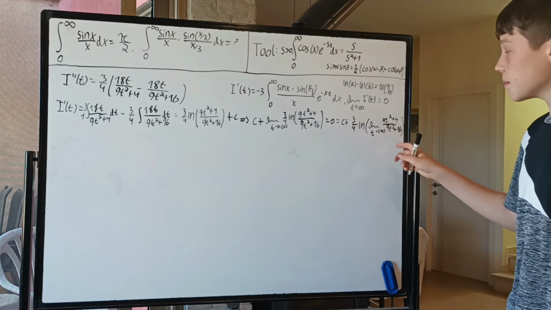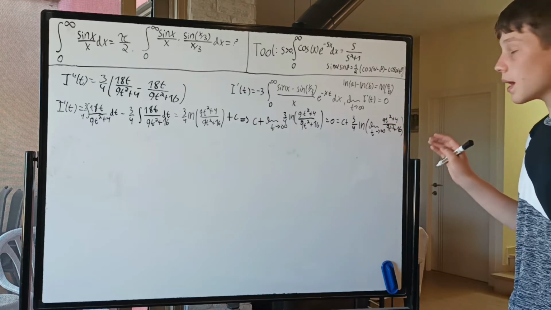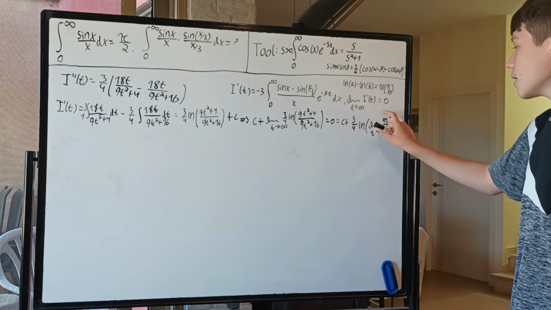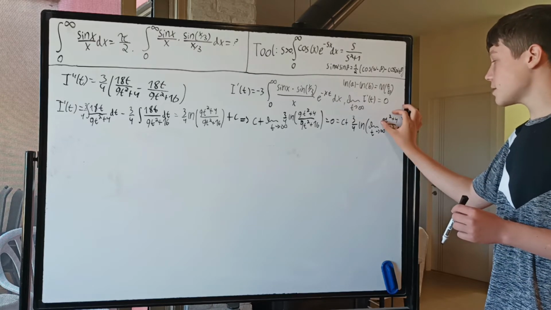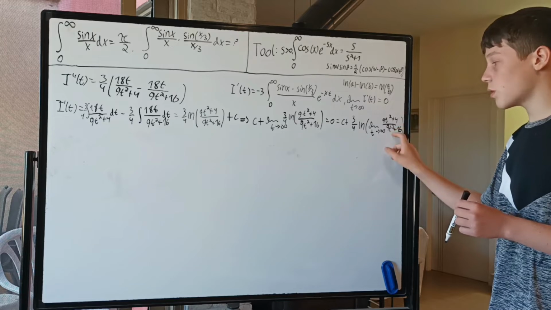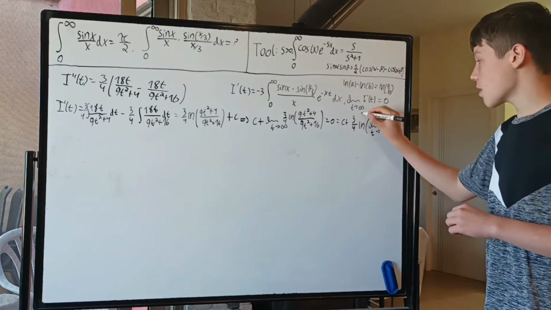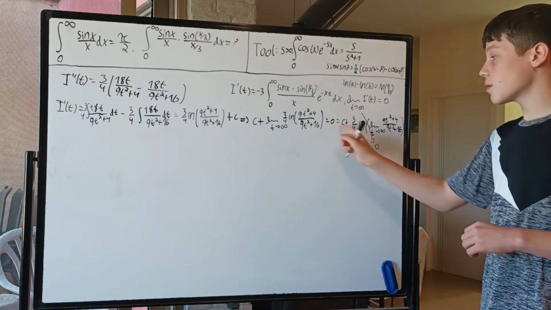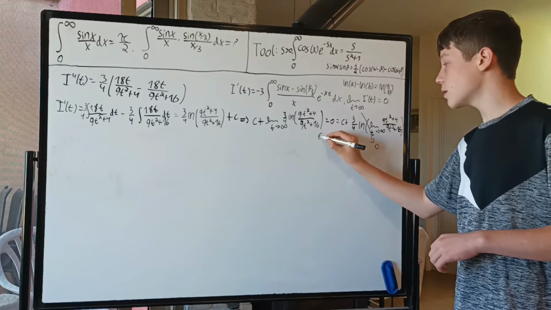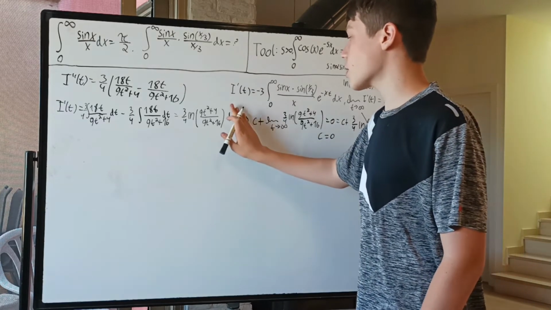Notice that t squared are the highest powers, so the 9t squared are the dominant parts. So this will be like 9t squared divided by 9t squared, which is 1. So if this limit is 1, natural log of 1 is 0, this entire thing goes to 0. So C plus 0 is 0, that means C is 0, and so in our integral we can just ignore it.